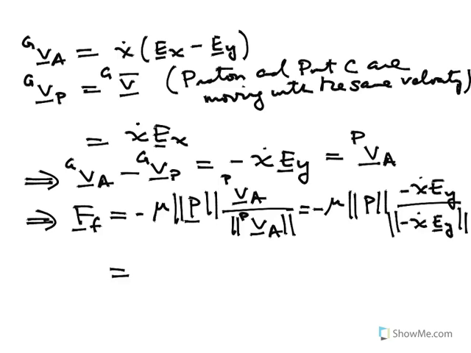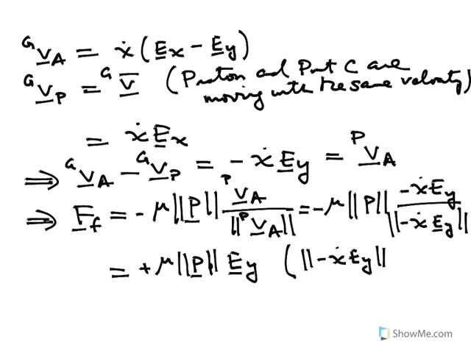So because we're moving up the incline, x dot is positive, so this gives me minus mu times the magnitude of P, and then times EY, but there's a negative sign, so that flips and becomes positive. So minus times minus, because, I'll put in parentheses, the magnitude of minus x dot EY is equal to x dot, because x dot is greater than 0.